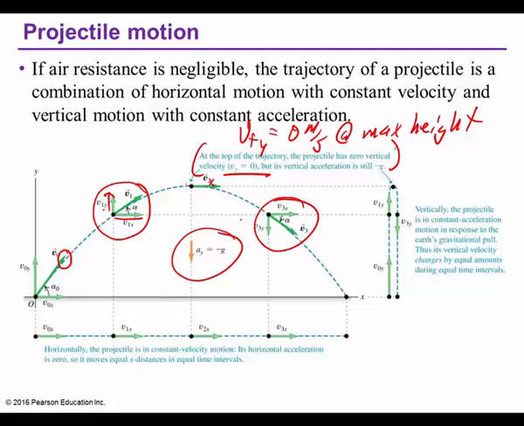It's a perfect parabola, which we know in reality it's not because of air resistance, right? But neglecting air resistance, it's a perfect parabola, meaning that projectile motion has symmetry.